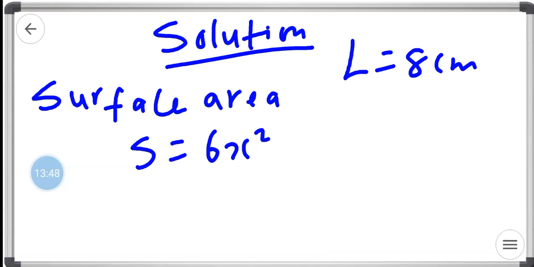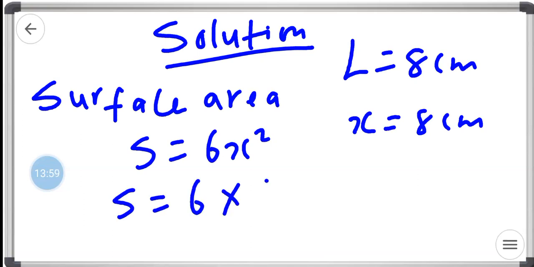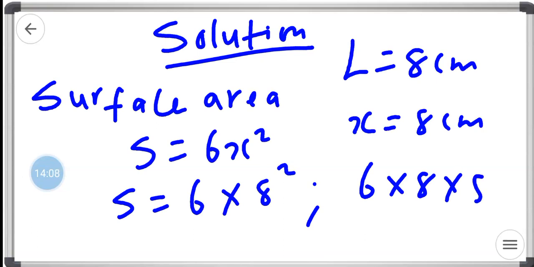So we said S equals 6x squared. From the question, x equals 8 centimeters. So I'll write S equals 6 multiplied by 8 squared, which is 6 multiplied by 8 multiplied by 8, because x squared means 8 multiplied by 8.